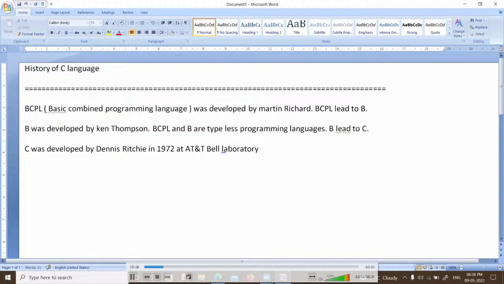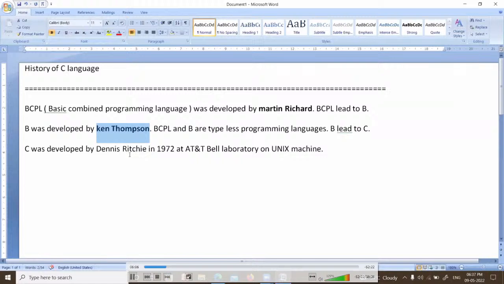From BCPL, a new language B was developed by Ken Thompson. BCPL and B are popular, but they don't have any data types, so they are called typeless programming languages.